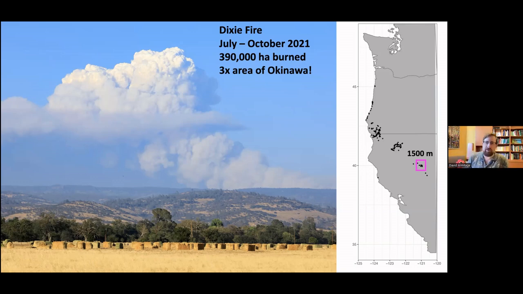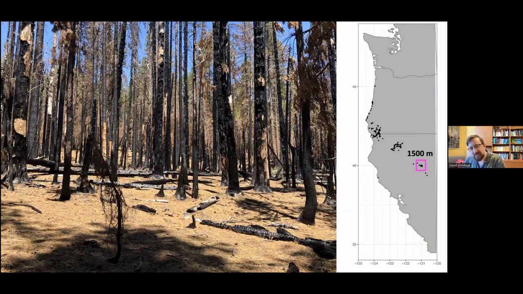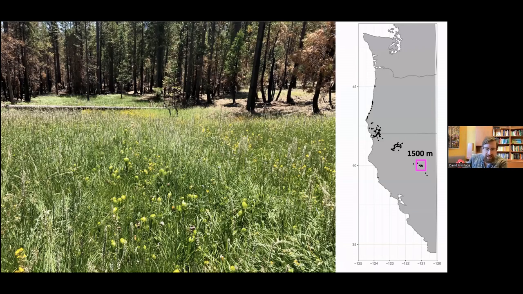So troubling, and we were very worried because when we got to this site, this is what the forest looked like, just totally charred. So we went back to the places that we knew Darlingtonia were growing, and we were actually very happy to find that all of these spring-fed seeps were relatively untouched by these fires.